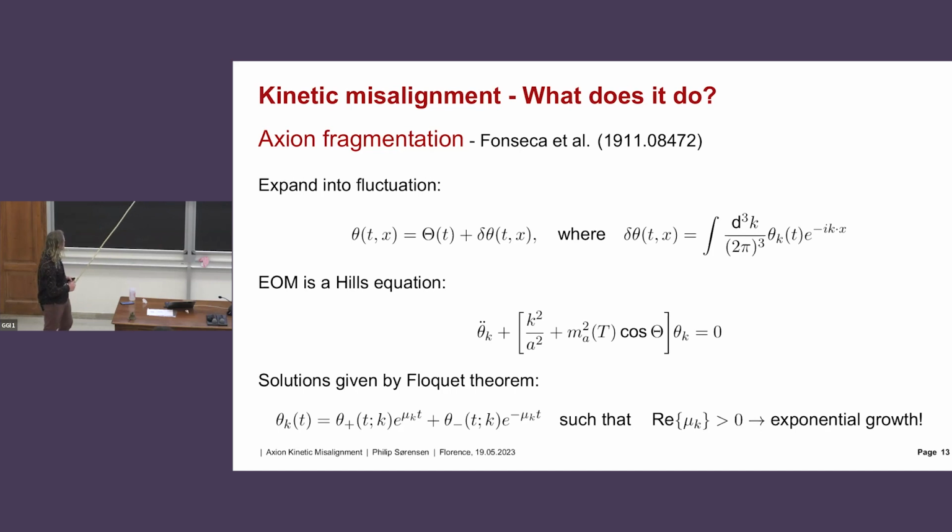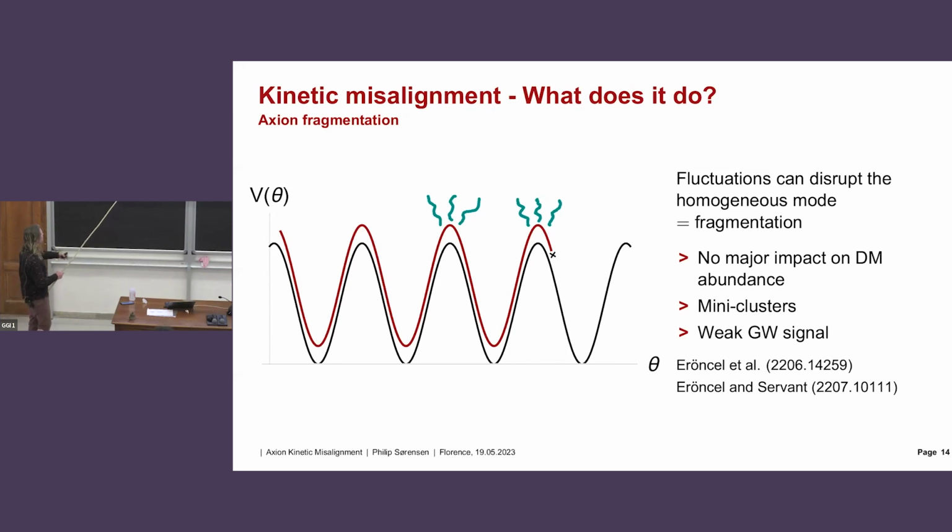What you see is that the equation of motion is a Hill's equation, which tells you that these modes can, under the right conditions, experience exponential growth. If this occurs, then the fluctuations can grow and back-react on the homogeneous mode. This means that the homogeneous mode is totally disrupted, and in effect all the energy is dumped into fluctuations. This is what we mean by fragmentation.